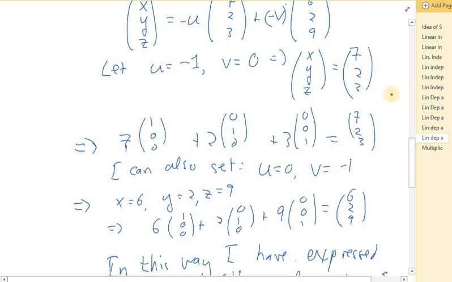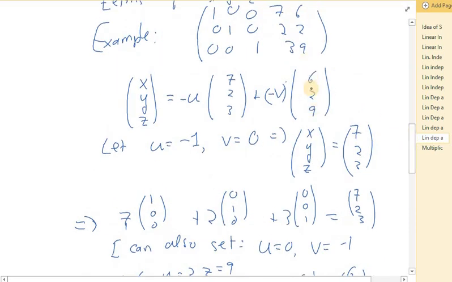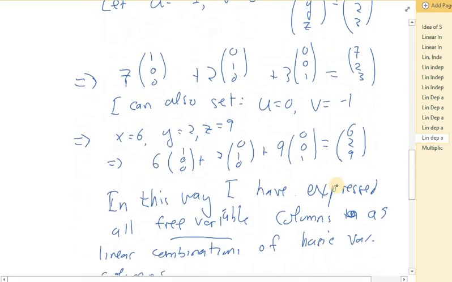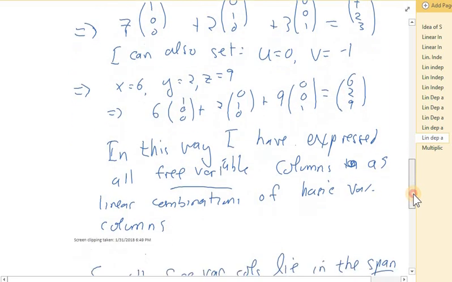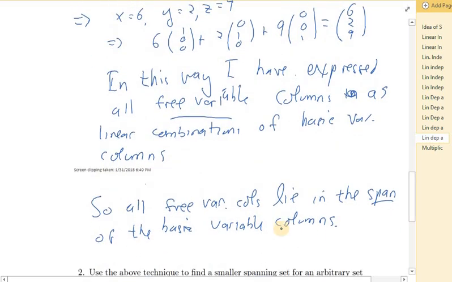And that would give me xyz is equal to this column here. And that tells me that 6 times the first column plus 2 times the second column plus 9 times the third column will be equal to the second free variable column. So this way I've expressed all free variable columns as linear combinations of basic variable columns. So all free variable columns lie in the span of basic variable columns.